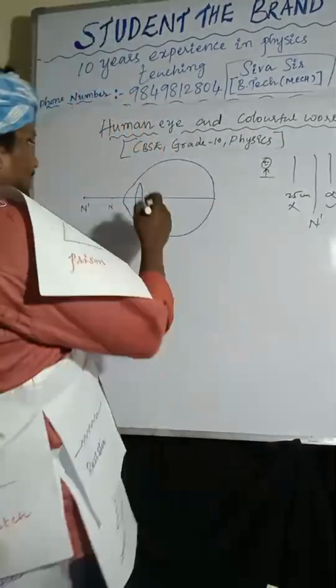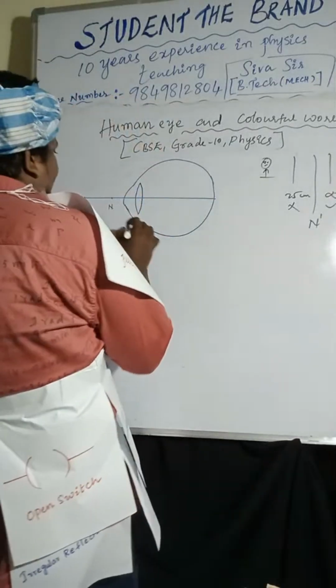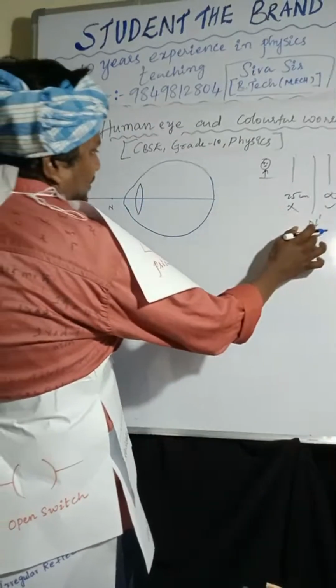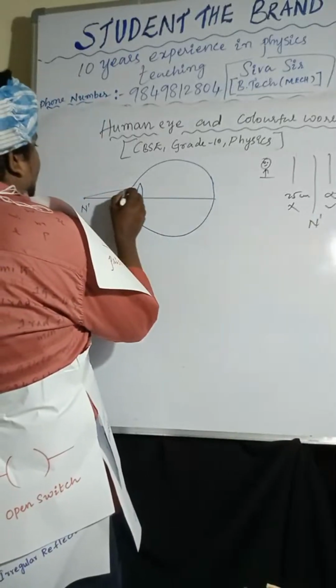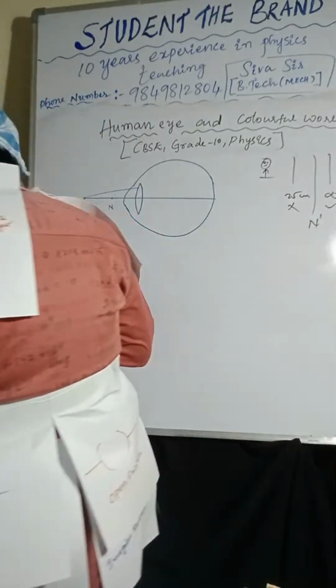So I'm taking the convex lens. Here the light rays are coming from n dash. You can see this point.